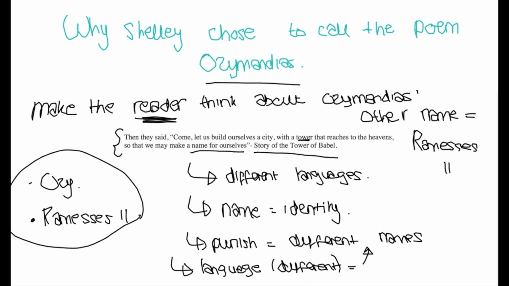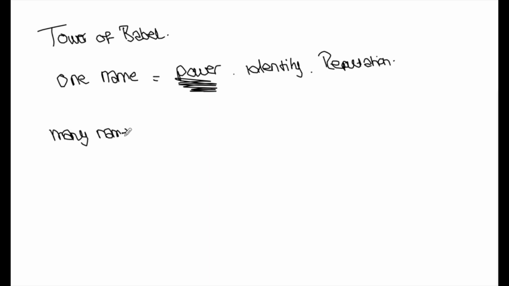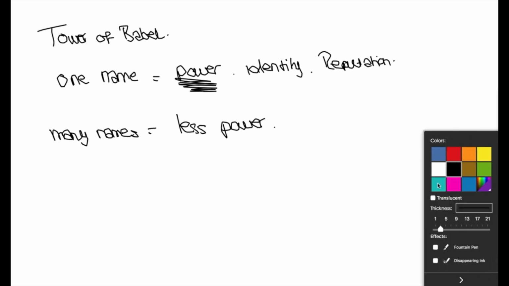So according to the Tower of Babel, one name for something meant power, it meant identity, it meant reputation. I mean, most importantly, it meant power. Many names for one thing meant less power.